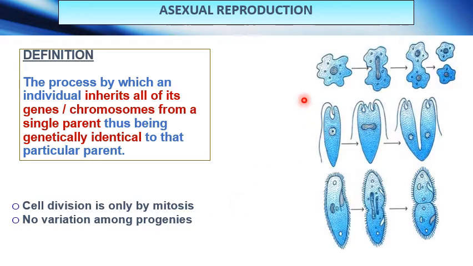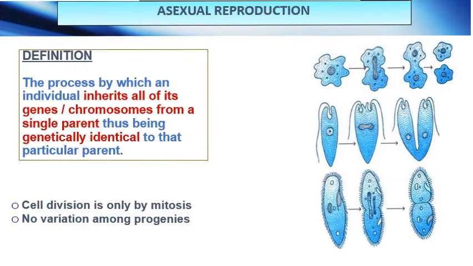Here are some example organisms that undergo asexual reproduction. From only one single parent, it will produce 2 progenies after it reproduces. Progenies will be genetically identical to the parent.